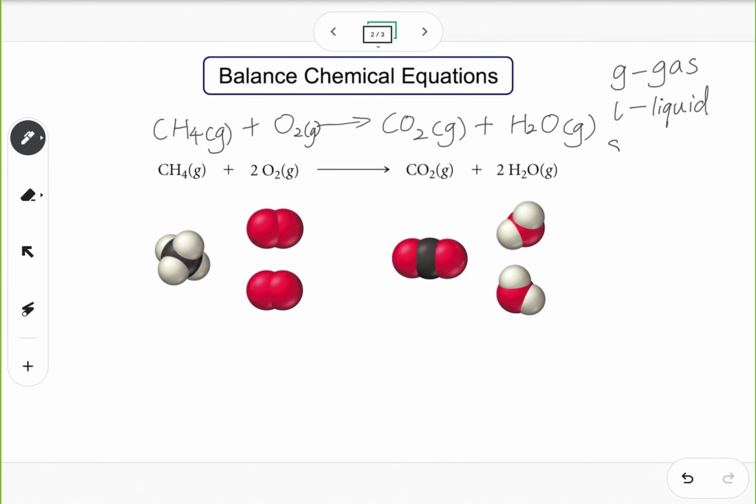Now S represents solid, and AQ represents aqueous solution.